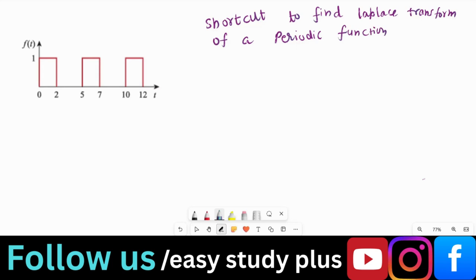It is given by the formula f1 of s over 1 minus e raised to power negative Ts.